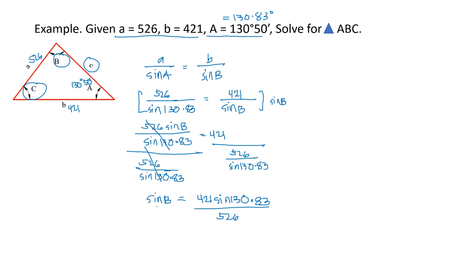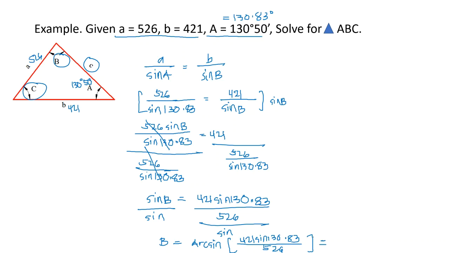So here, we can use the inverse trigonometric functions. We need to divide both sides by sine, and as we know, when it is divided by sine, that is equivalent to arc sine. So B is equivalent to arc sine of 421 sine 130.83 divided by 526. Again, that is arc sine, not sine.